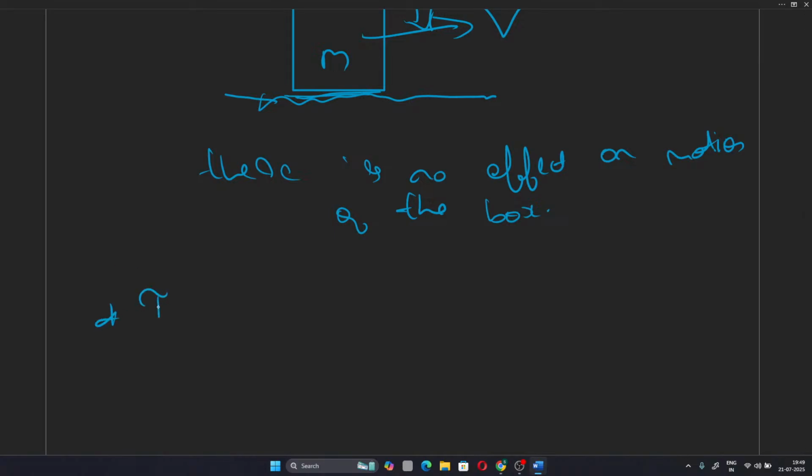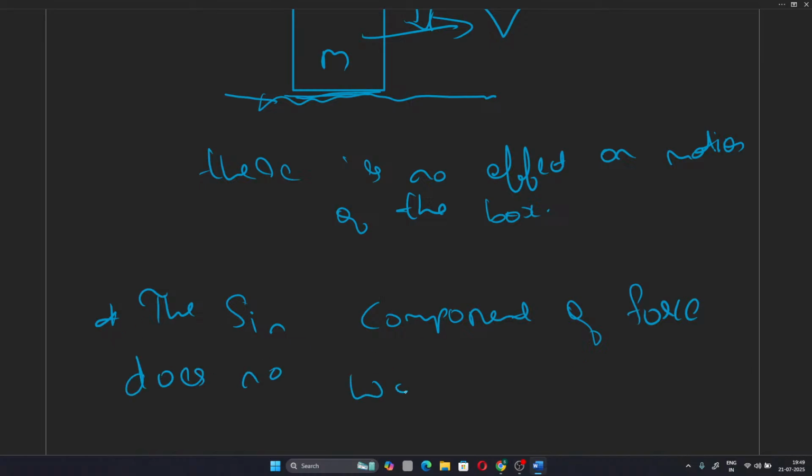The sine component of force does no work. Let's just verify that once.